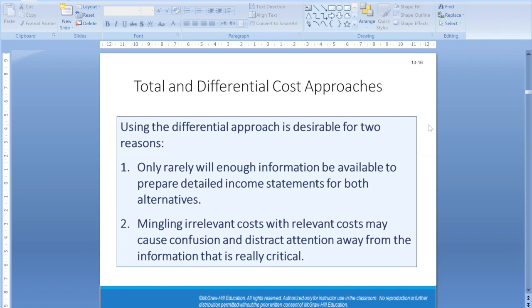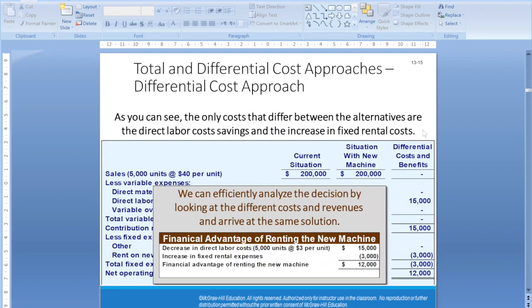Mingling irrelevant costs with relevant costs may cause confusion and distract attention away from the information that is really critical. So again, we will analyze our decision by computing the financial advantage, which here, for our example, is the difference in the labor costs and the difference in the fixed costs.